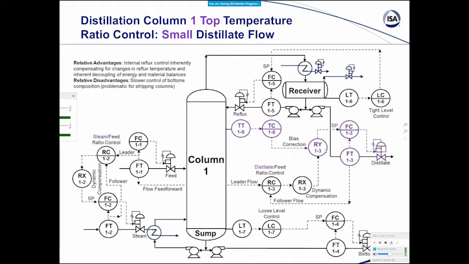The operator's making changes upstream, or there are a lot of parallel unit operations that then end up in a common train of very large columns. So you have a lot of flow changes going on. So you want flow feedforward. And what I've got shown in here is a flow feedforward signal.